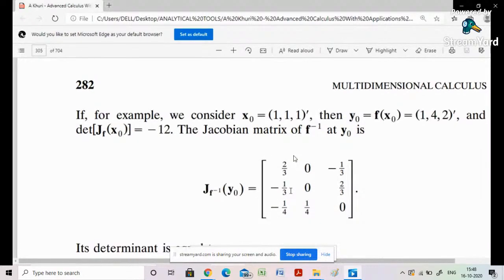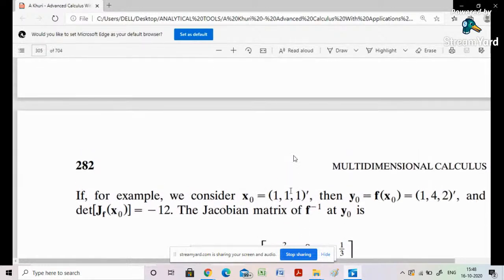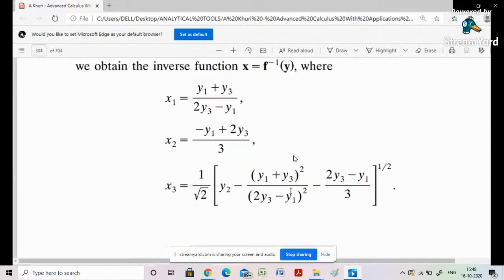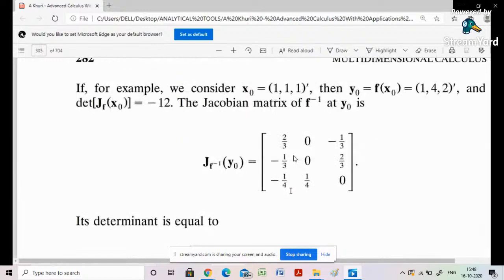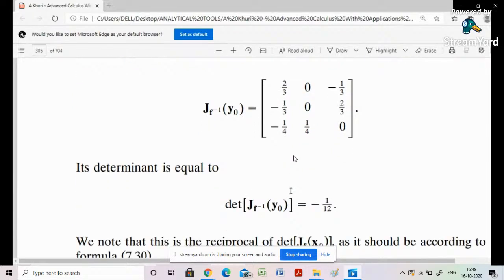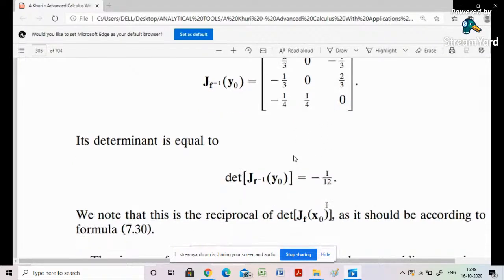So what is the Jacobian matrix of f inverse? You know the f inverse values. We can find out the Jacobian. So that is 2 by 3, 0, minus 1 by 3, minus 1 by 3, 0, 2 by 3. So let us take the determinant, using the steps involved in computation of determinant, then we can see that it is nothing but minus 1 by 12.